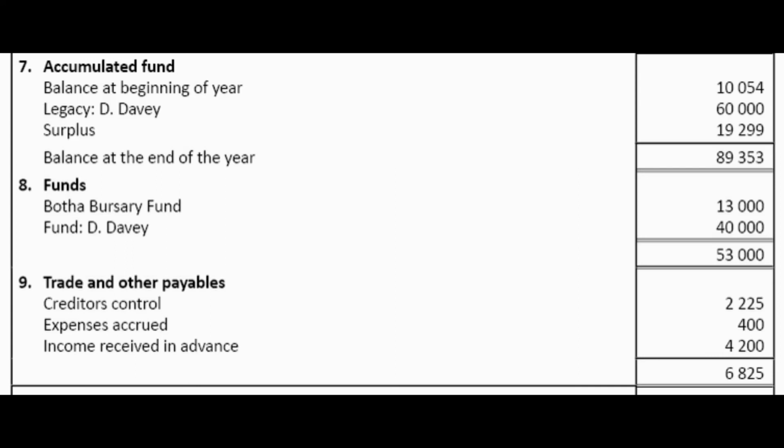So the balance in that Davy fund account is now 40,000, and that is the same as the investment for the Davy fund. Remember, I said to you a few lessons back that you must always check that the balance in your fund and the balance in your investment, those two balances must be the same.